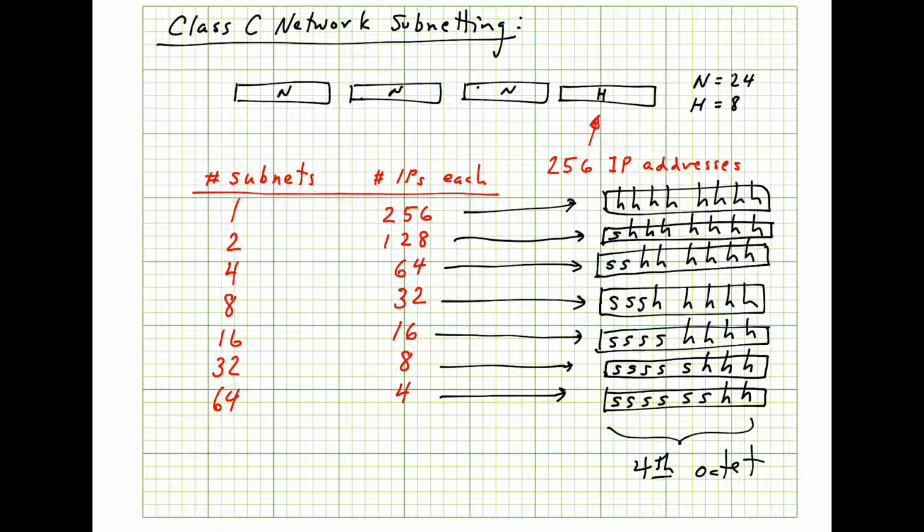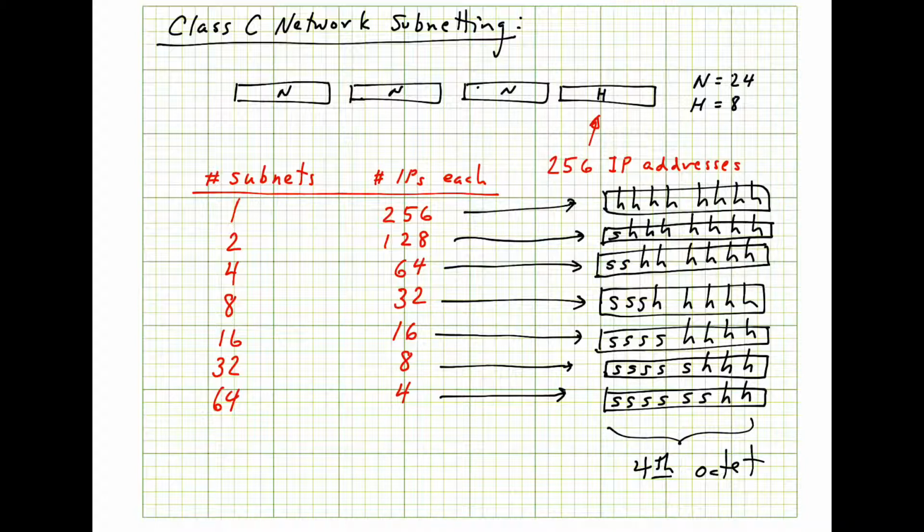Okay, so this is the basic idea of subnetting. What we're going to do is borrow H bits and turn them into S bits, and then in those bit positions we're going to count to create the number of subnets, and in the H positions we're going to count to create the number of hosts, or the number of IP addresses.